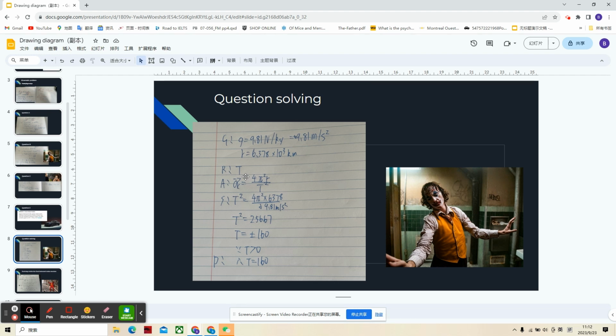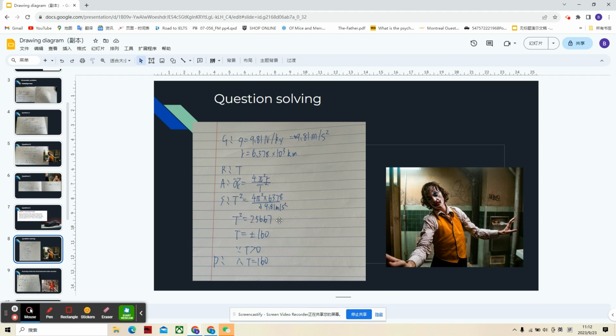25,667. Alright, this time we need to explain why we use the acceleration as the positive one. Since T squared needs to be positive, we cannot use the negative one. If we use negative here, T squared would be negative, which doesn't exist. So we cancel it out.